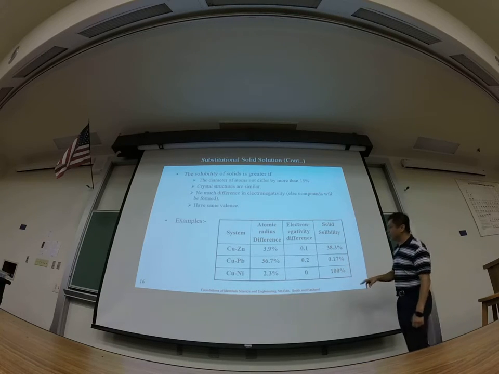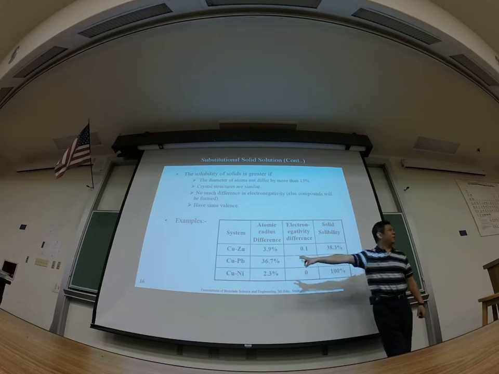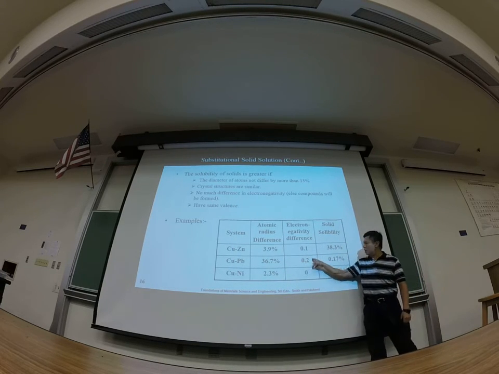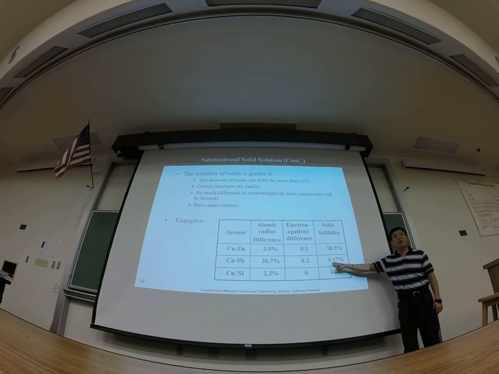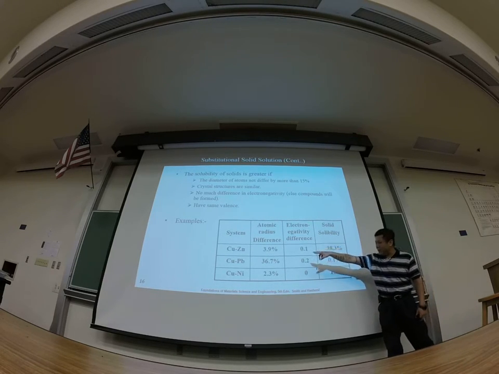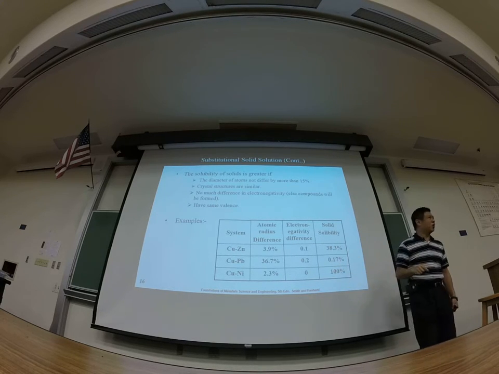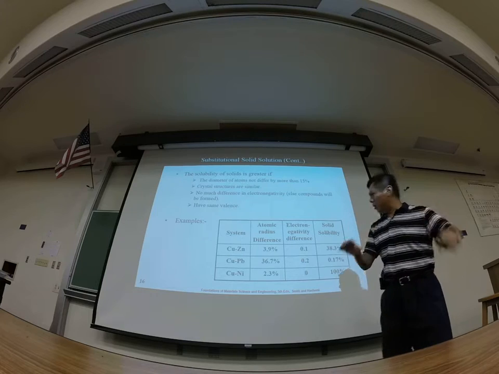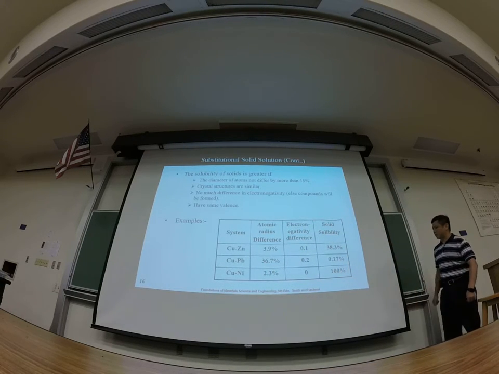Okay, one is even larger for the copper-lead case, 36% difference, and there's also a slightly larger difference in electronegativity. The lead can dissolve in the copper only below 1%. So because of the size difference, they are really not alloying together very well.